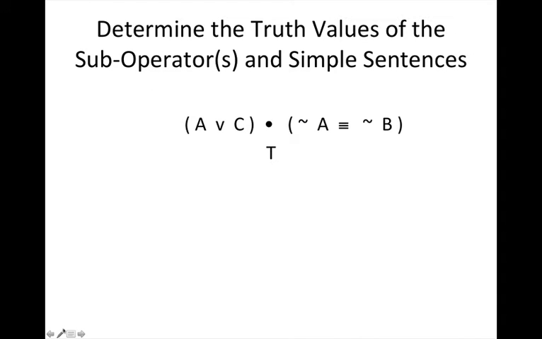Now, let's start with the value of the compound statement, which is a dot statement, and work our way back to, as much as we can, the simple statements. So we know that if dot is true, that means that the disjunction must be true. And if dot is true, that means that the triple bar is true.